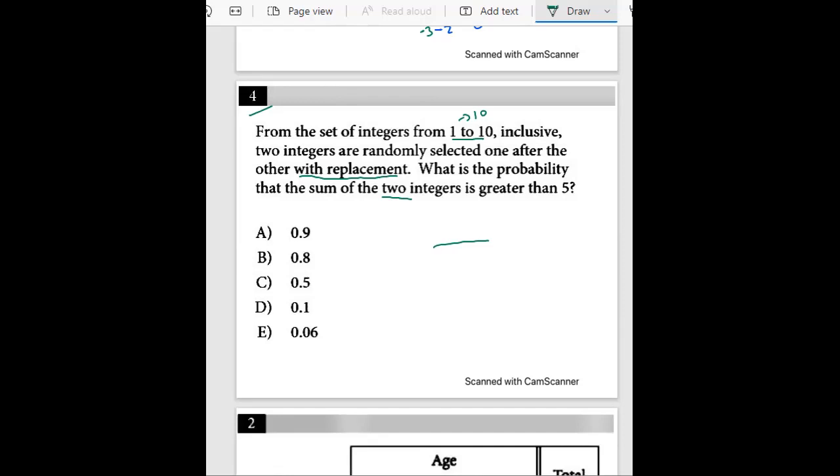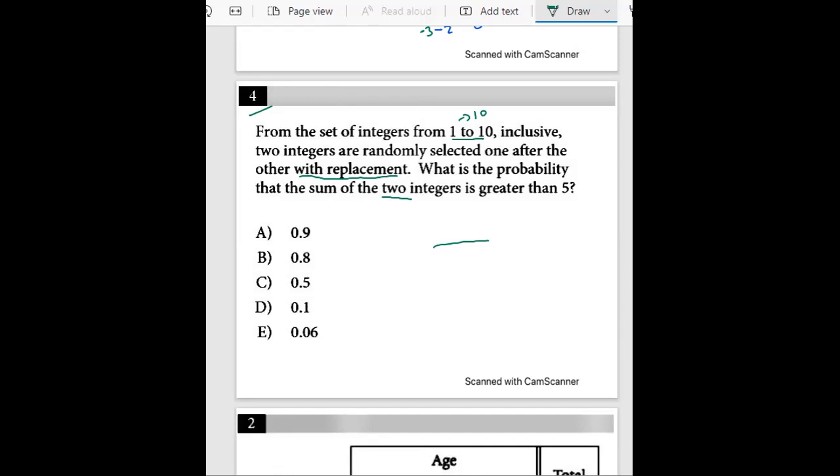So what is the probability that the sum of two integers is greater than 5? It means that it could be the sum of two same integers, right? So what are the total possibilities in this question?